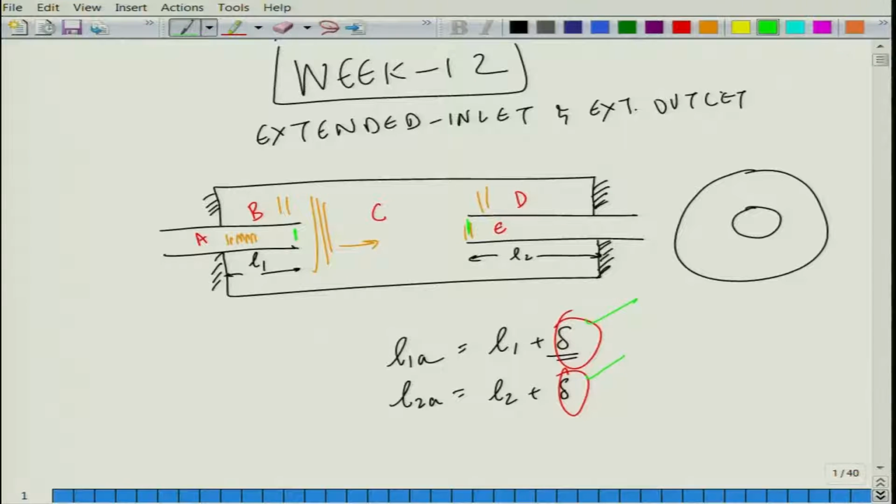Basically, the analytical mode matching technique is used to determine the overall transmission loss spectrum for such a system, and in the process we can evaluate these deltas from the analytical transmission loss spectrum by matching the peaks, and then one can obtain the corrected spectrum.